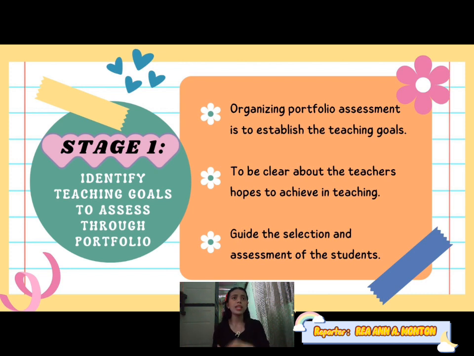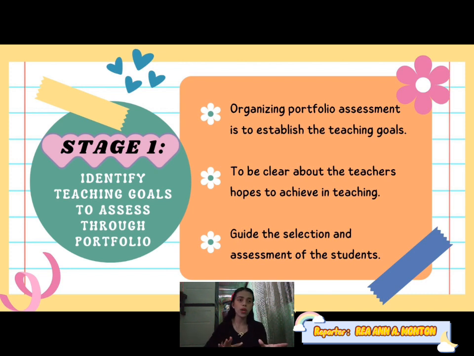In order to keep and attain a clear aim in teaching, you must have one. Those objectives will act as a framework for grading your pupils' work. It is very important at this stage to be very clear about what the teacher hopes to achieve in teaching. These goals will guide the selection and assessment of students' work for the portfolio.